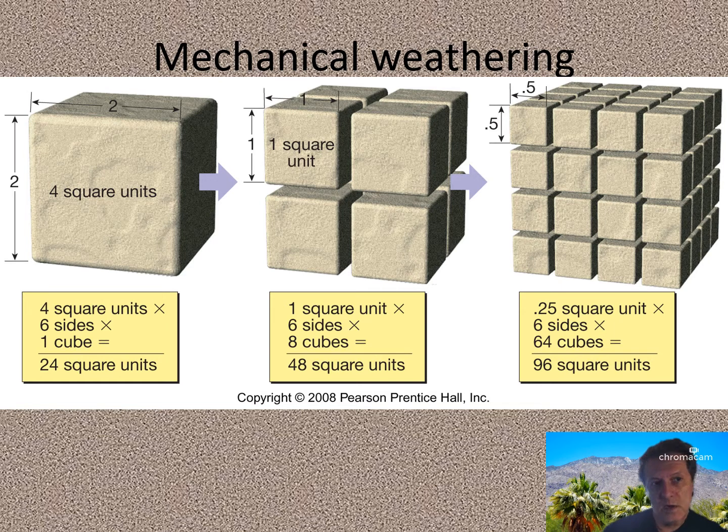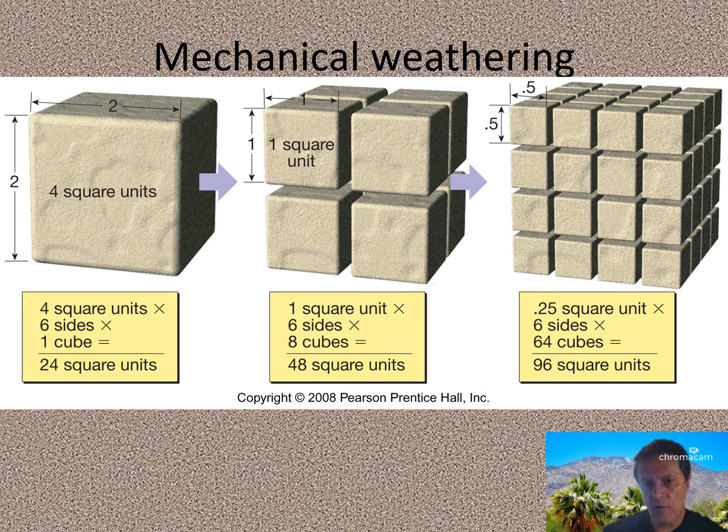So here's a depiction of what mechanical weathering does. It takes a large block of rock, for example, and starts breaking it down. Now, the more a rock breaks down into smaller and smaller pieces, the more surface area is exposed.